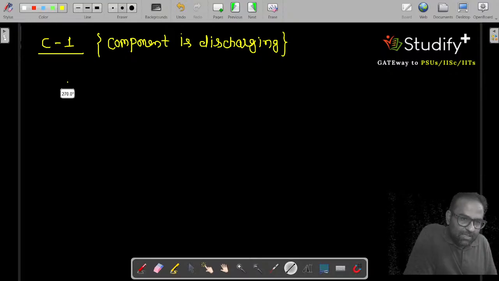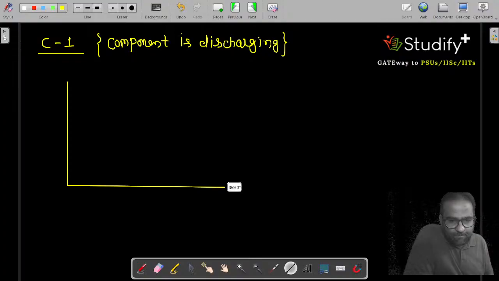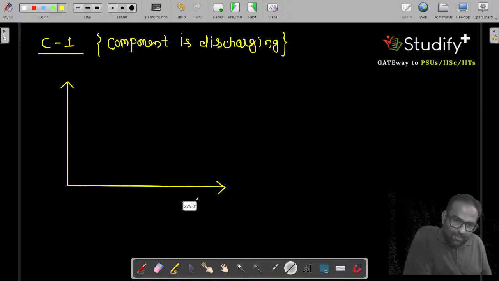So let's say this is the waveform you have. This axis represents time. This axis represents x(t). Instead of voltage and current, I am defining it for x(t).